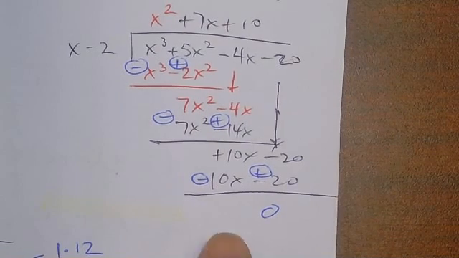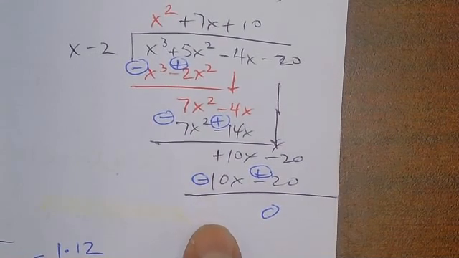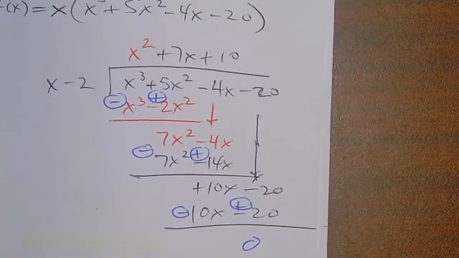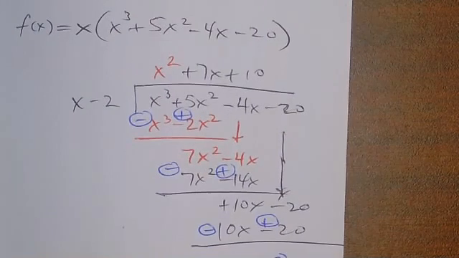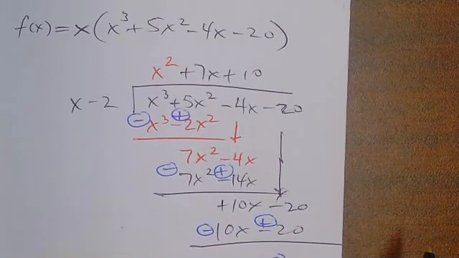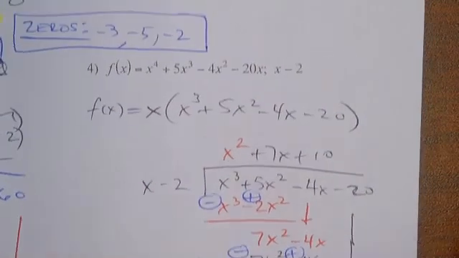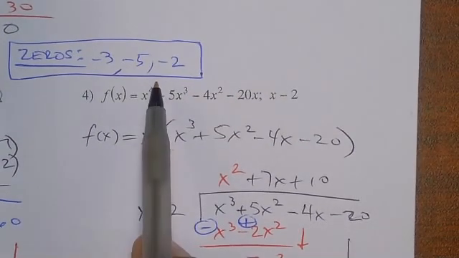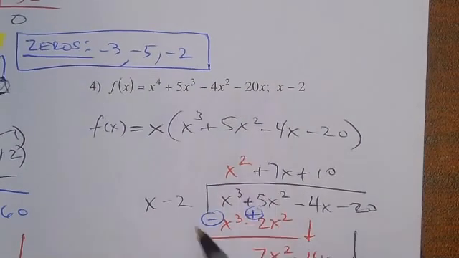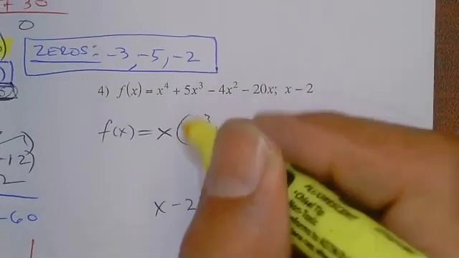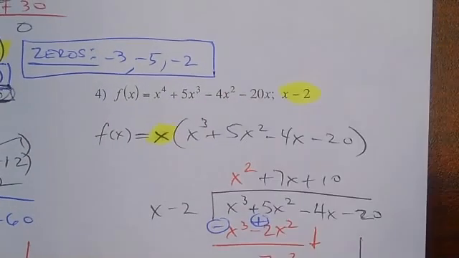Well, doing it right, I got remainder 0. Okay, so what do we got? Everybody got x squared plus 7x plus 10? What's going on? I see there's a big mess.